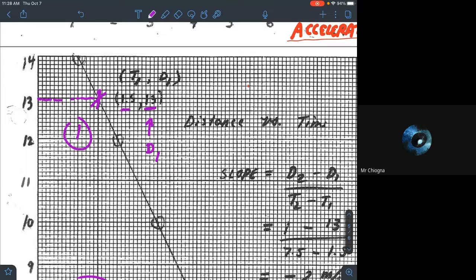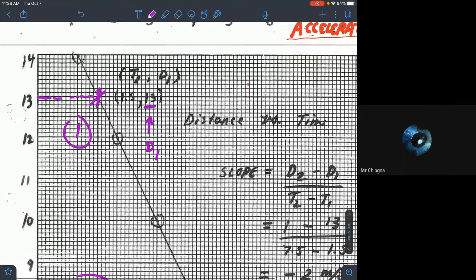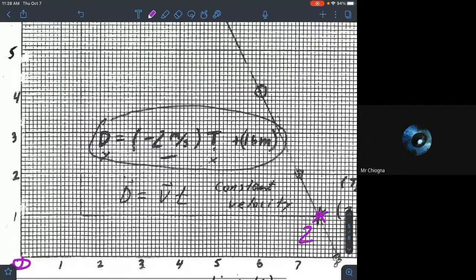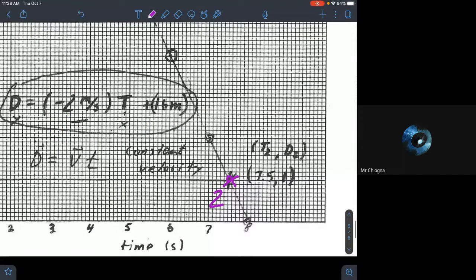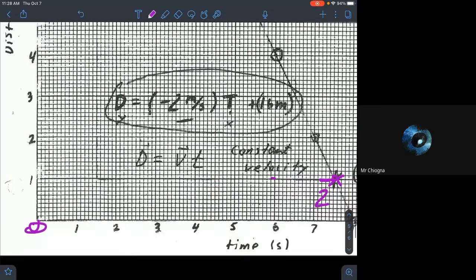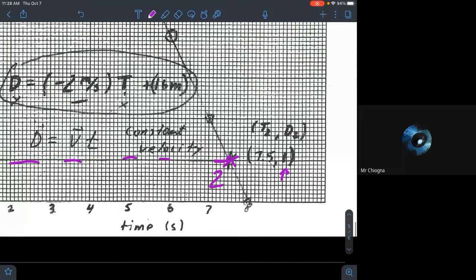Let's look at the distance values. For number 2, okay, corresponding distance value. This here is at 1. If you were to extend it all the way over, it crosses the vertical axis at 1. That's where I got my D2. So why did I show that?